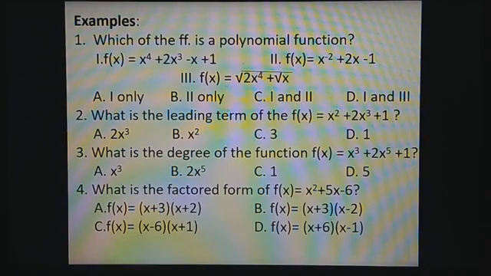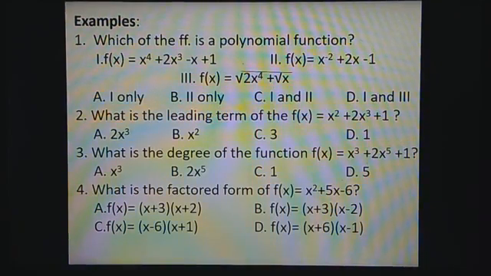Next, number 3. What is the degree of the polynomial function f of x is equal to x raised to 3 plus 2x raised to 5 plus 1? Ganun din. Tingnan mo muna kung nakasulat ba siya ng standard form. Kasi yung iba din dyan, ang error, kung ano yung first term, yung exponent ng first term ang kinukuhang degree, which is hindi lagi. Kung nakasulat siya ng standard form, tama yun.